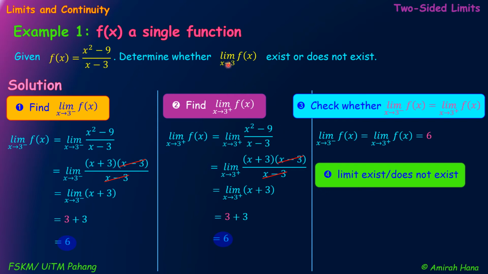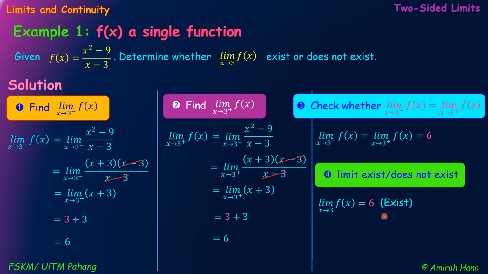We can conclude whether the limit as x approaches 3 of f(x) exists or does not exist. So we can write the limit as x approaches 3 of f(x) equals 6, since the limit from the left equals the limit from the right, which equals 6. So the limit exists.